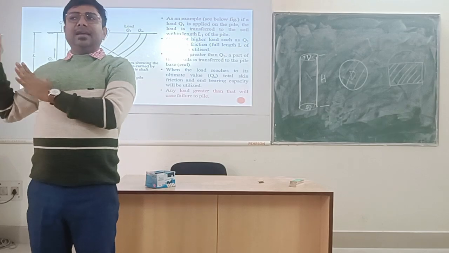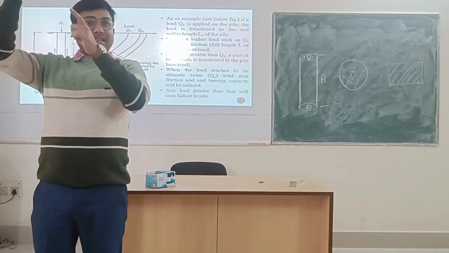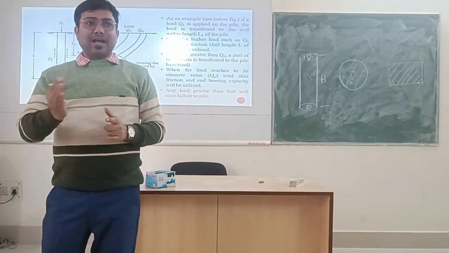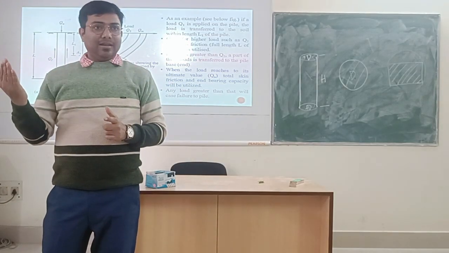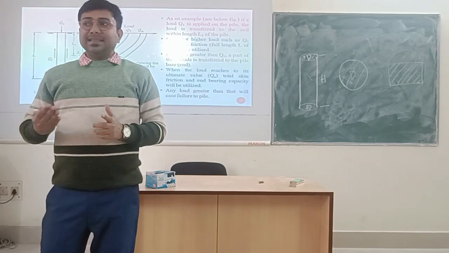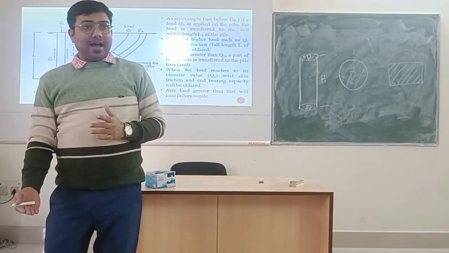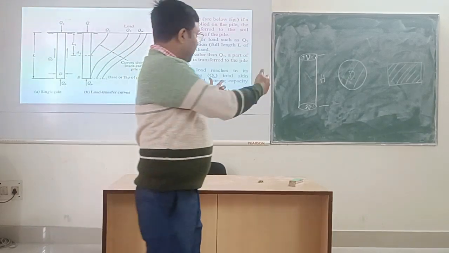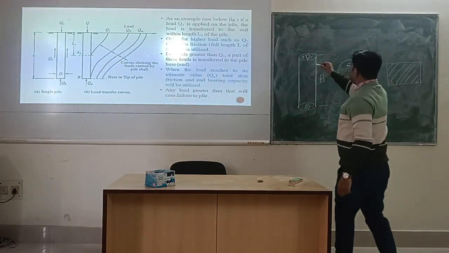In the case of a pile, there is a slender member, and the total surface area of the pile is much higher than the tip area or the bottom area of the pile. What is this area?